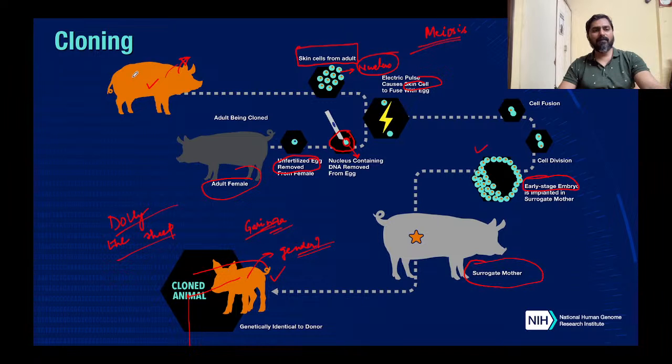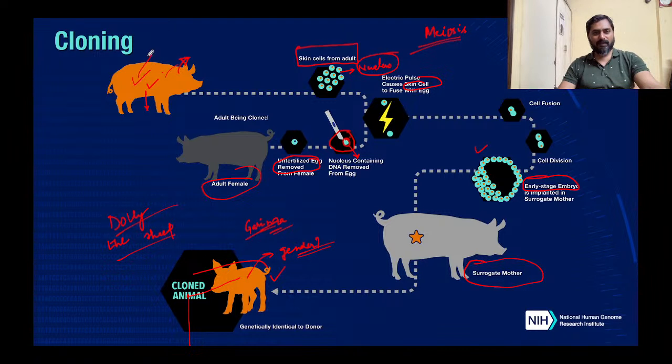Will it be different from this, or will it be the same as the animal from which we took the skin cells? What will be the gender of this pig that you have got here? Because it is a clone, its gender will also be the same as that of the initiating organism.